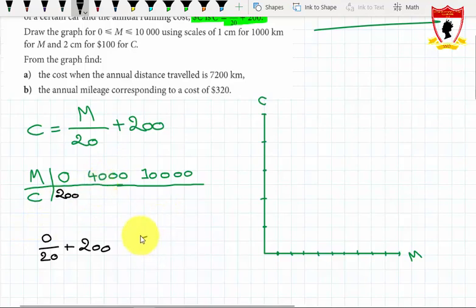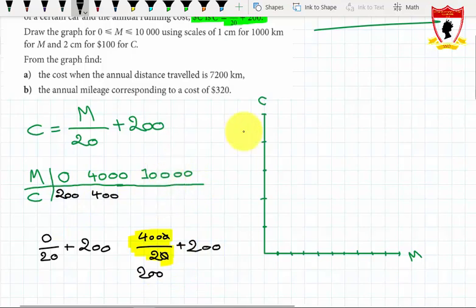And 4,000 over 20 plus 200. 4,000 divided by 20, then one 0 will cancel one 0. 400 divided by 2 is equal to 200. So this part will be equal to 200. 200 plus 200 is 400.